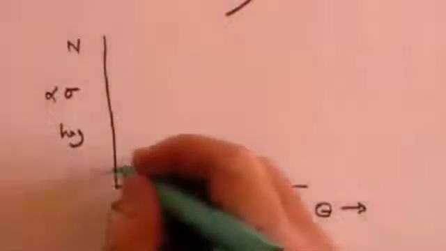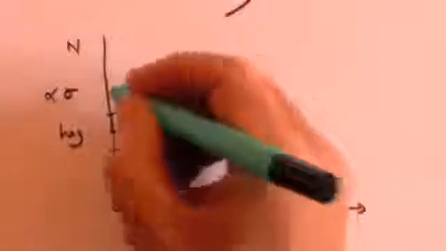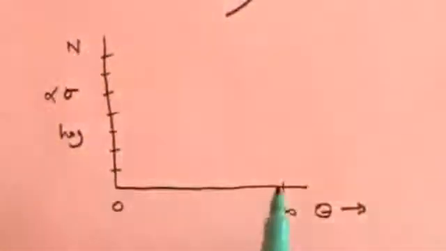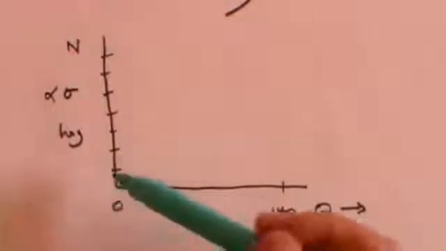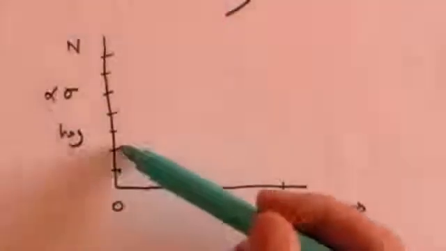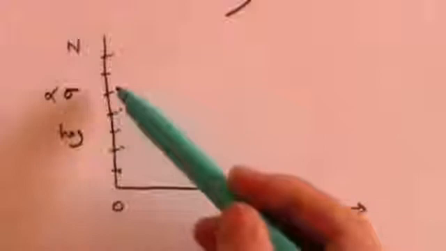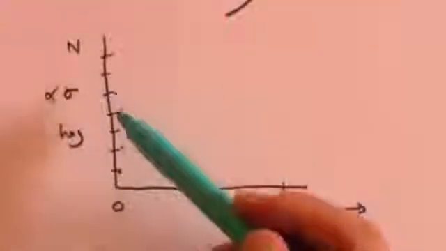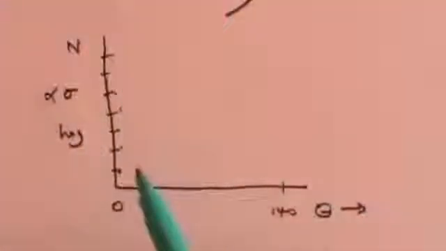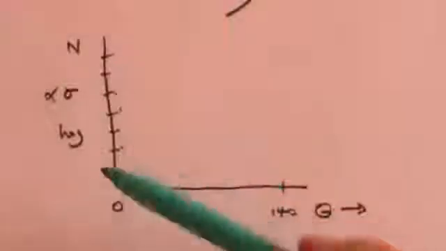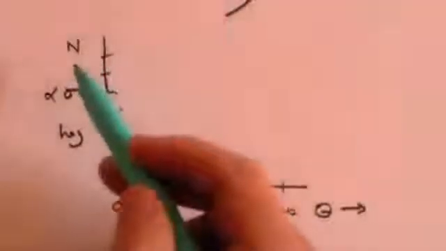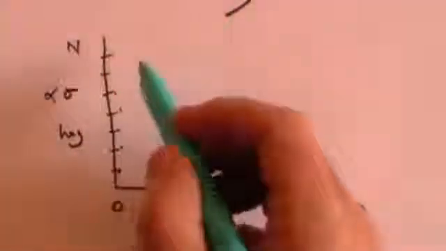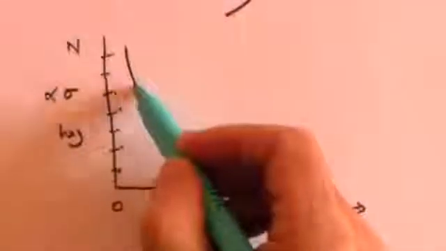A log scale is one where instead of going 1, 2, 3, 4, 5, 6, 7, you actually go up by tenfold in every step. So if this is 10, this will be 100, this will be 1,000, this will be 10,000, 100,000, and so on. So in other words, this condenses the scale, otherwise you'd need a piece of paper that's a mile long. And what they found was that the number of alpha particles according to the angle fell like this.